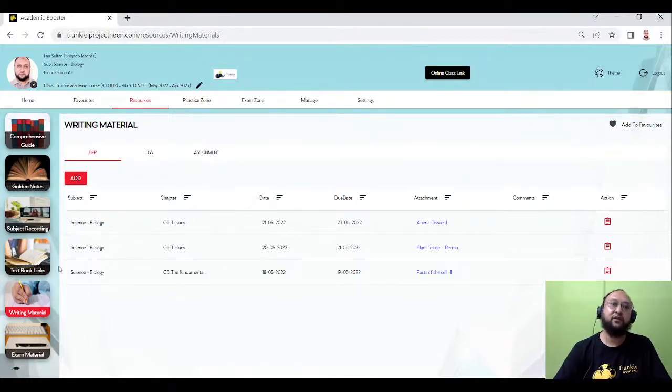Click on that, then you will find the writing material, and after clicking on it you will get the list of DPP sent by us. Click on the topic that we have studied today, download it, go through the questions and write the answers, and taking a photograph, send it back to us. We will check and then send you the remarks.